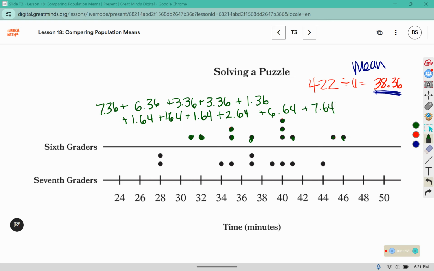So we'll add all those together and divide by 11 again because that's how many values we have. This is 43.64. So to find the MAD, or the mean absolute deviation, we use 43.64 divided by 11, which is approximately 3.97 when rounded to the nearest hundredth.